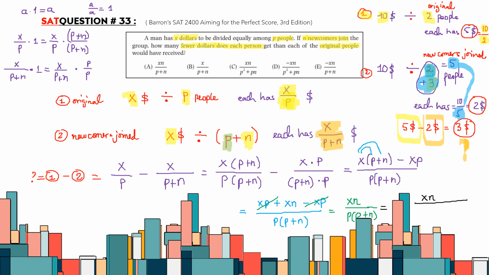At the bottom, we have P times P, which is P squared, then P times N is plus PN. Now we have N in the numerator, and in the denominator P has to be squared. So C is the right answer.